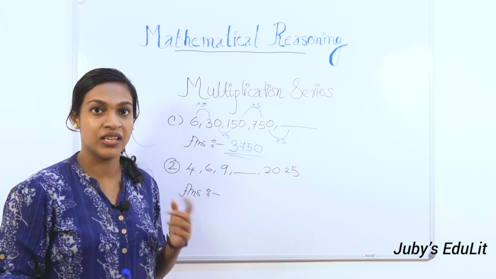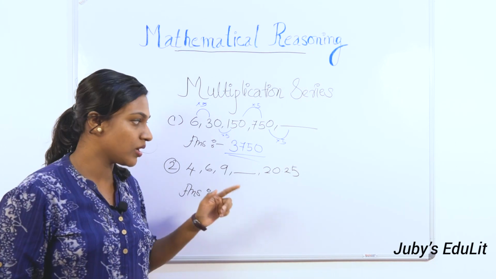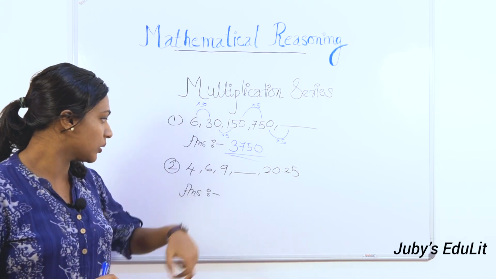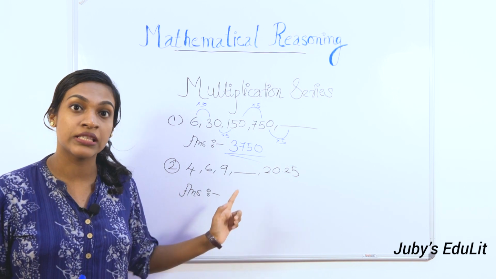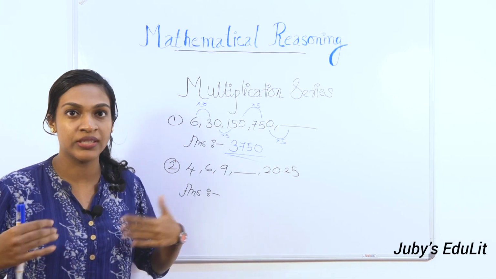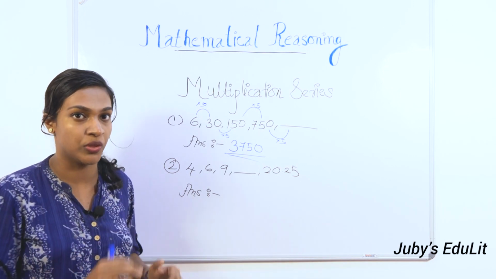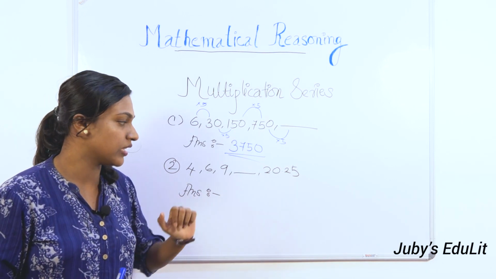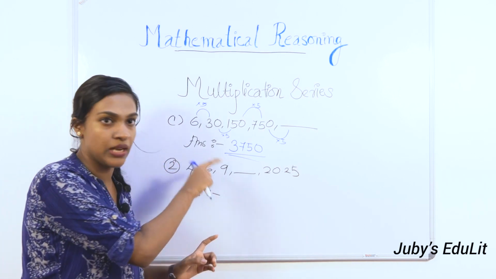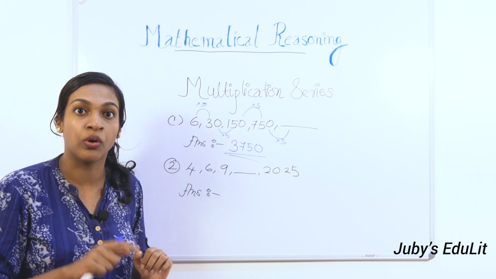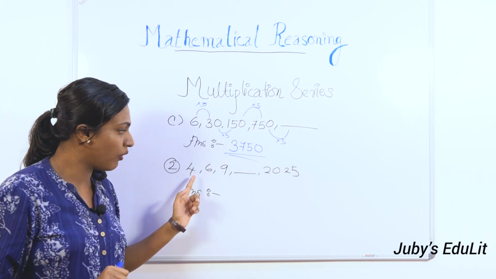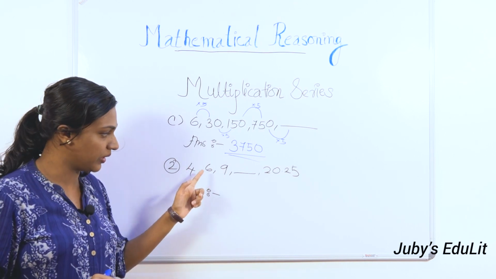Hope you understand. Now let's look at the second type of multiplication series given here. The question is 4, 6, 9, 20.25. This decimal number has come into the question, and this suggests that the number multiplied has also got a decimal. 4 and 6: the succeeding number is 6.